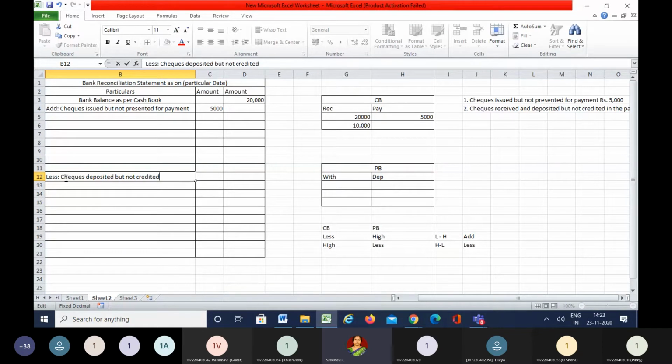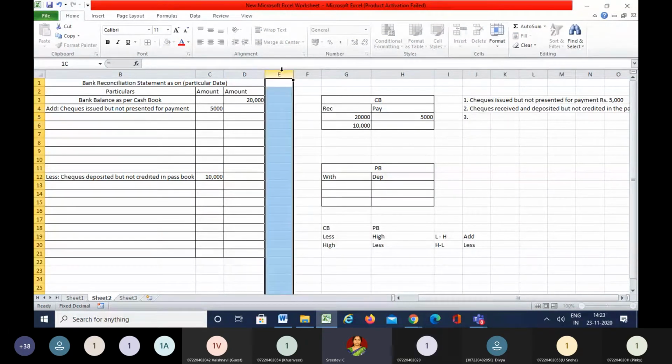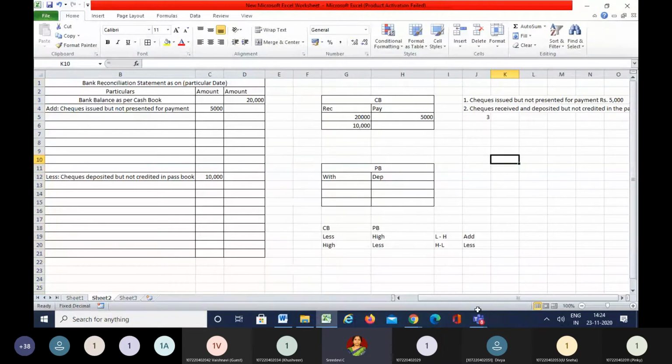If you want, you can also mention that credited in passbook. Here it is 10,000. Is it clear with everyone? Yes, ma'am. Okay, I'm going to the next transaction here.